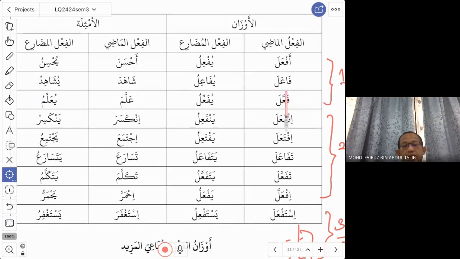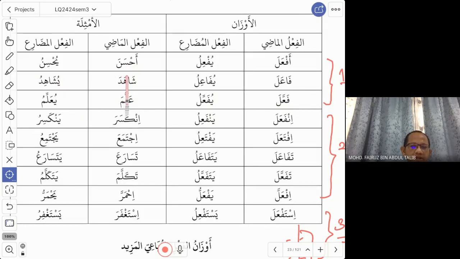Fa'ala, another wazan in Arabic fi'il. Fa'ala, you have alif in the middle. And if the madi is fa'ala, mudari is yufa'ilu. Fa'ala yufa'ilu. The misal is syahada yushahidu. Okay. Sorry, I forgot to give you the meaning. Ahsana yuhsinu means to do good deeds.